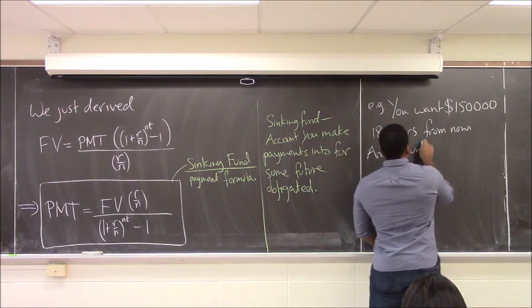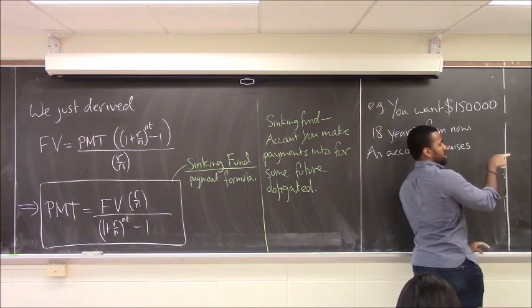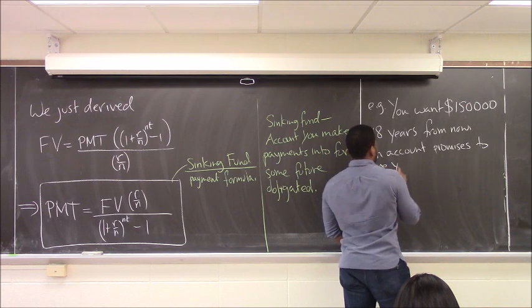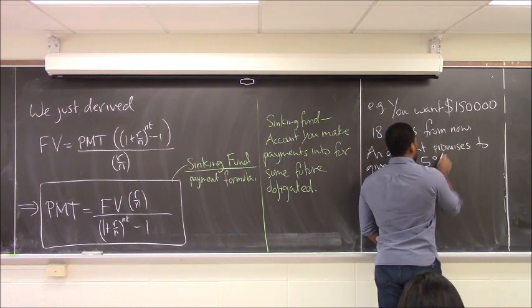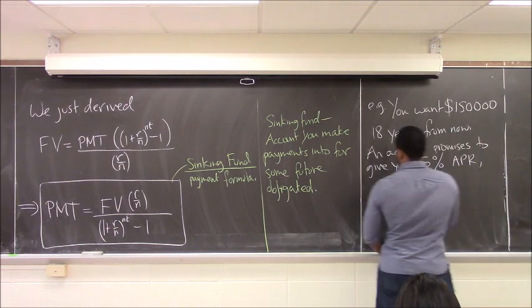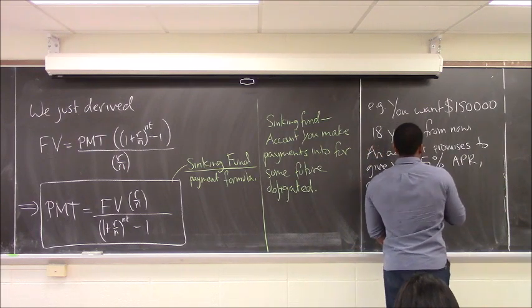And let's say you have an account that promises, no, never take promises, that's going to give you, let's say we're being a little bit generous here, 5% APR, compounded monthly.